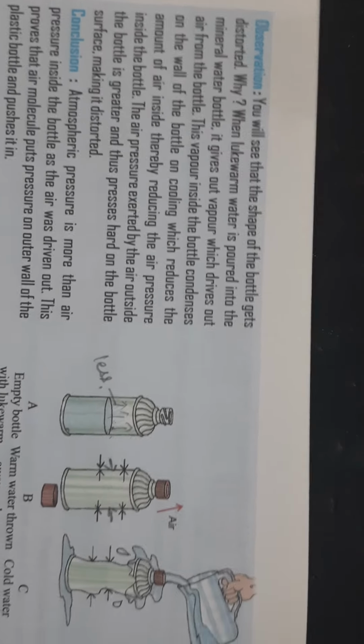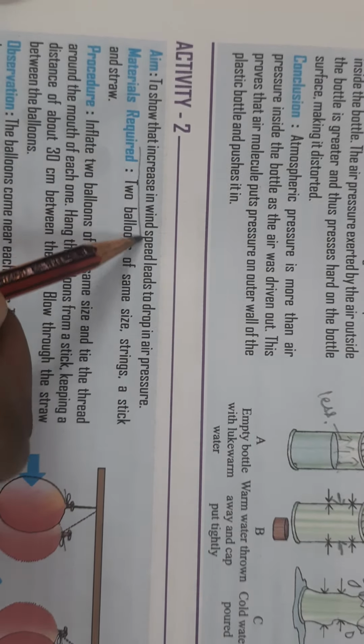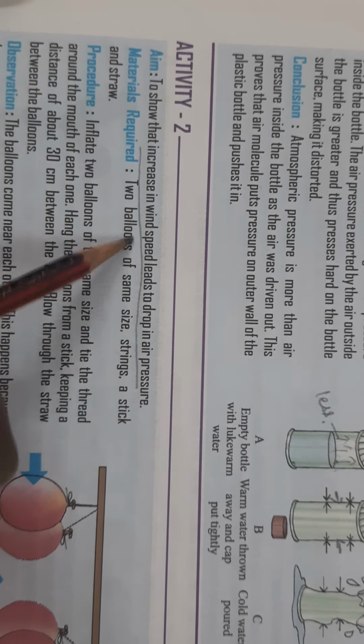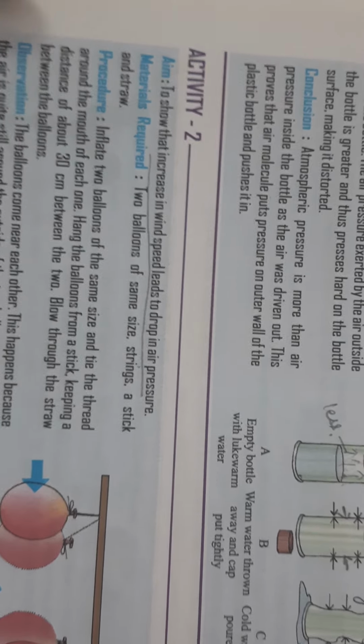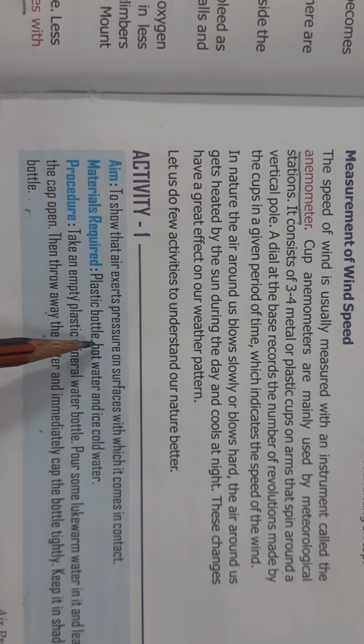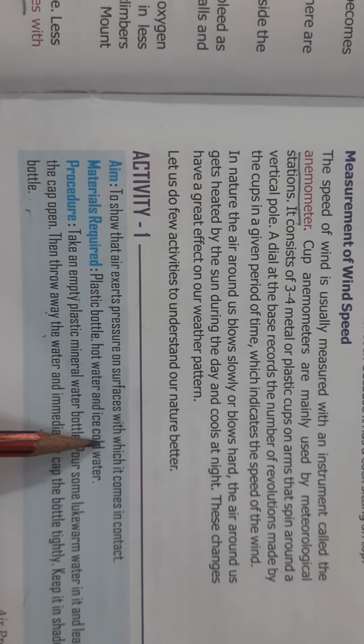Then you have also learned that an increase in wind speed leads to a drop in air pressure. When wind speed increases, air pressure will drop down. And also you have studied that air exerts pressure on all the surfaces with which it comes in contact.